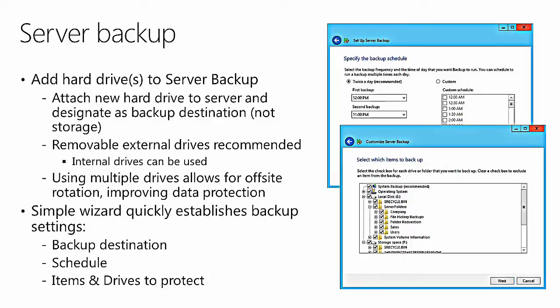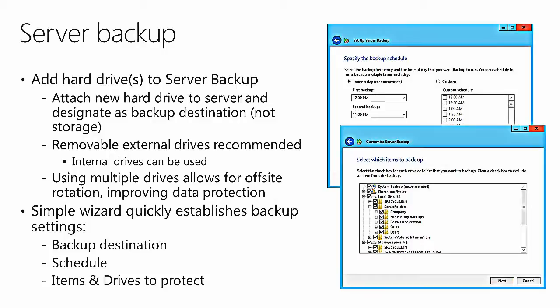The way server backup works today with backing up to hard drive destinations, it's much quicker. And so in terms of setting up a backup schedule, it's much more realistic to do backups even throughout the day. The first time a particular backup destination device is used, all the active blocks, all the used blocks on the server, are going to get copied to that destination.